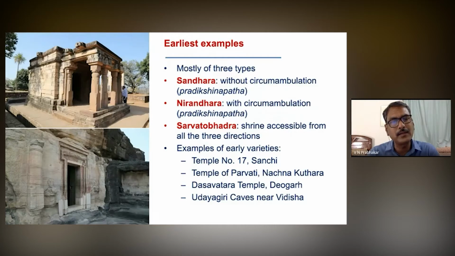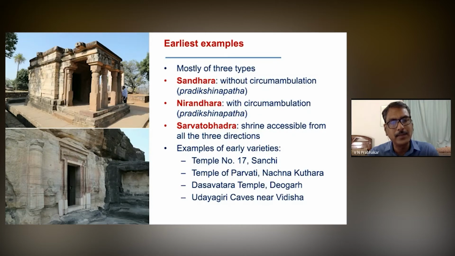These are the rock-cut structures at Udaygiri, which also preserve the transformation from rock-cut architecture into the structural temple format. This is from Udaygiri, cave number 2, if I am right. Here we see the pillars on the front facade.